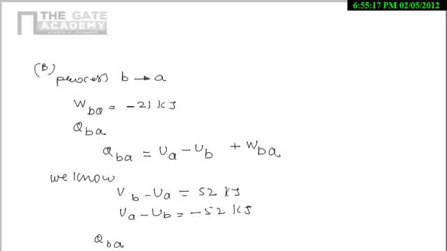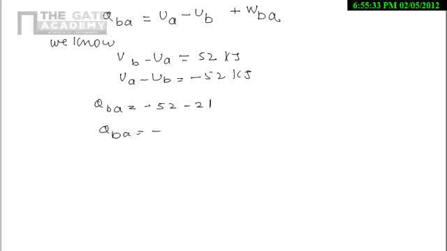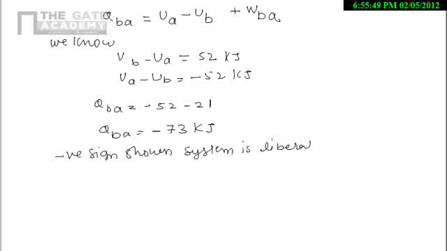So now QBA, UA minus UB, minus 52, and work done on the system, that is minus 21. So QBA will be minus 73 kJ. So the negative sign shows the system is liberating 73 kilojoule heat.